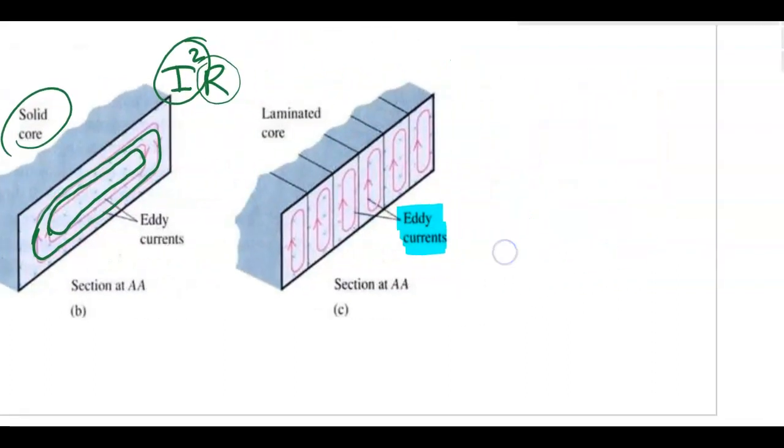So by laminating that soft iron core, you get little itty bitty eddy currents. And so instead of big I, you get a small amount of current and a small resistance as well.